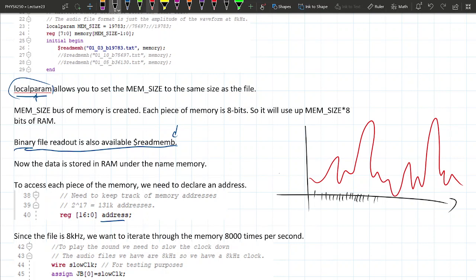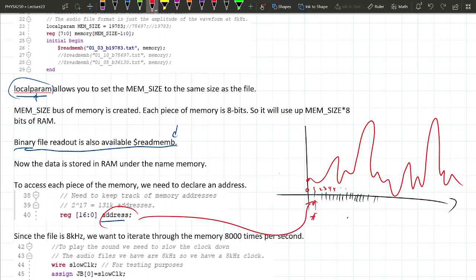So this address refers to basically the numbers here. At 0 seconds, the audio, the sound wave, is at some amplitude. So it starts 0, 1, 2, 3, 4, 5. These addresses correspond to these numbers here.